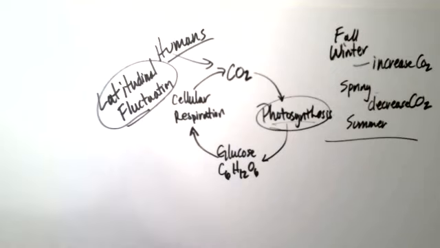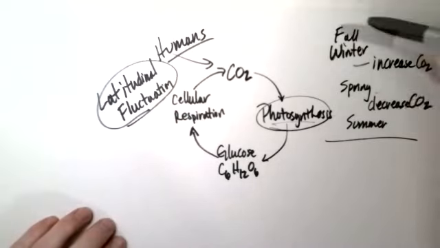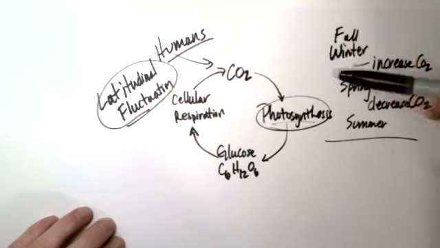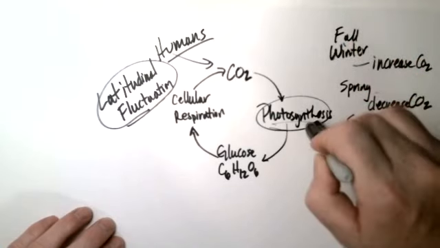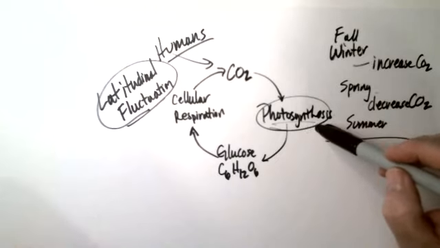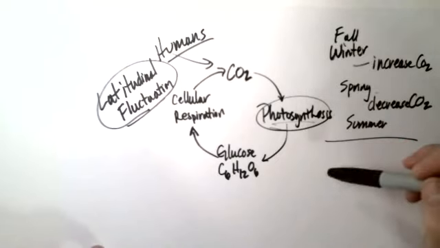To try to explain these fluctuations over the course of a year, you want to be sure that you talk about the fact that we have this system in place, that photosynthesis, and cellular respiration for that matter, is a driving force, particularly photosynthesis, in these fluctuations.